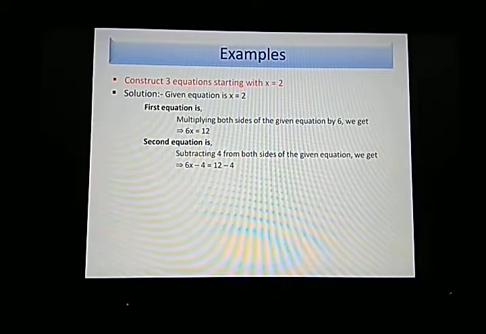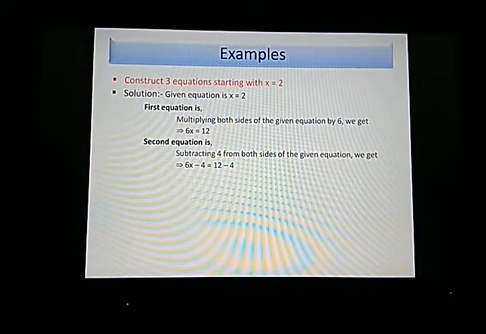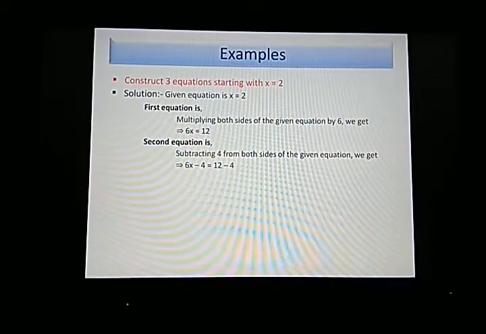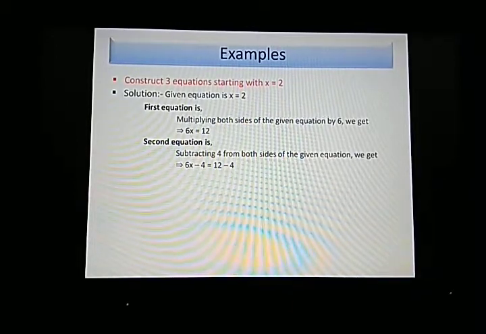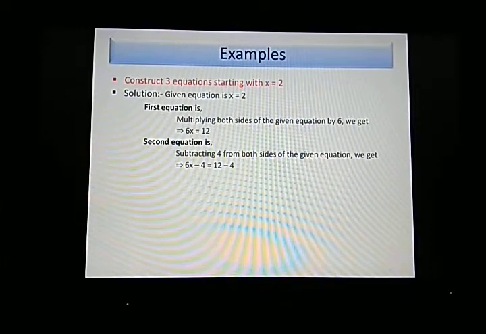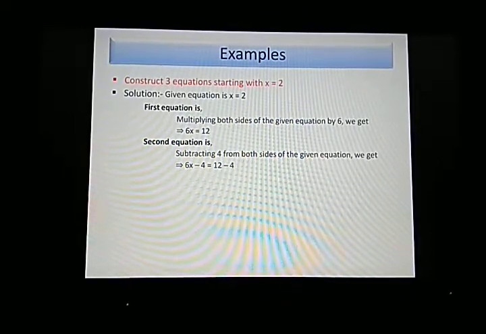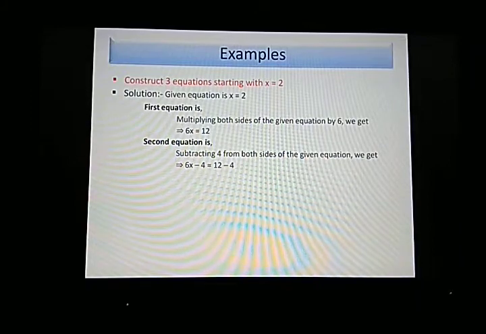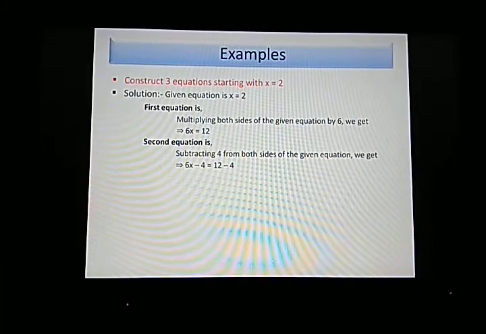Here also I have subtracted 4 from both the sides, but that doesn't mean that you have to subtract by 4 only. You can subtract by any other number. The only purpose of forming the equation is that the equality has to be maintained. That is the only thing.